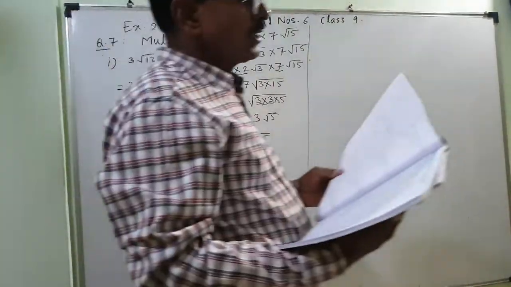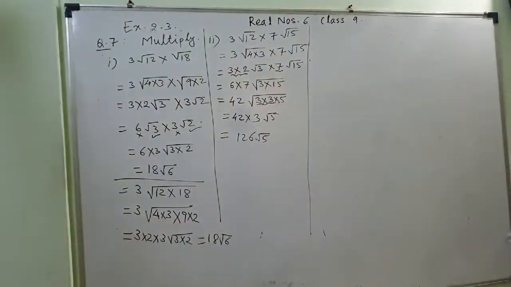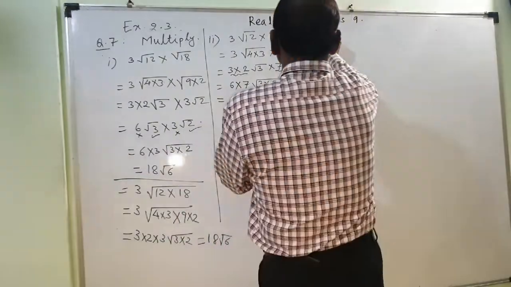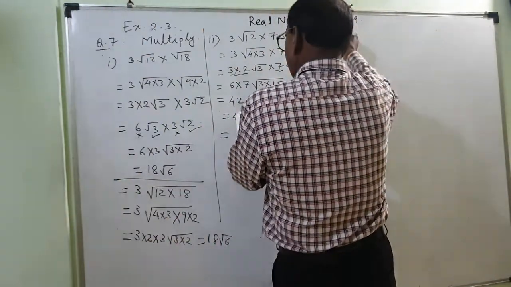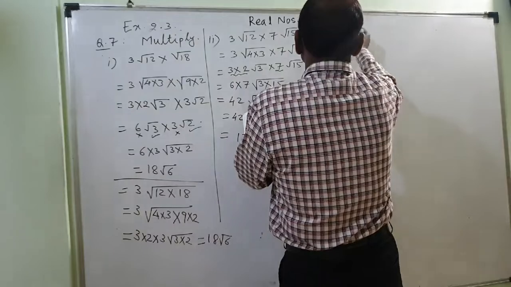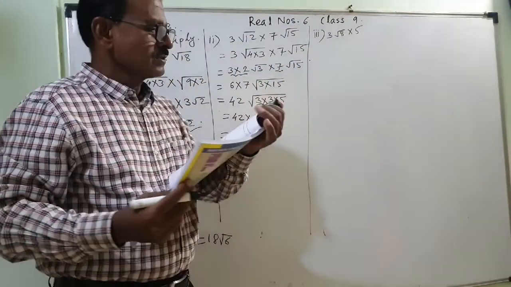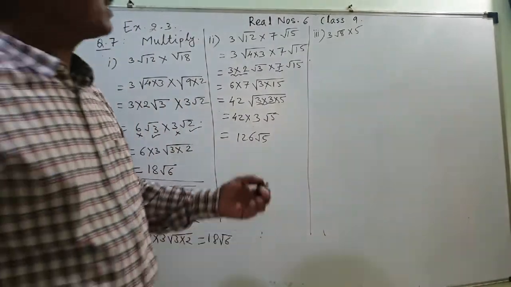Now the next question I will solve. That is not very difficult, it's an easy sum. Third one. 3 root 8 into 5. There is nothing in this.